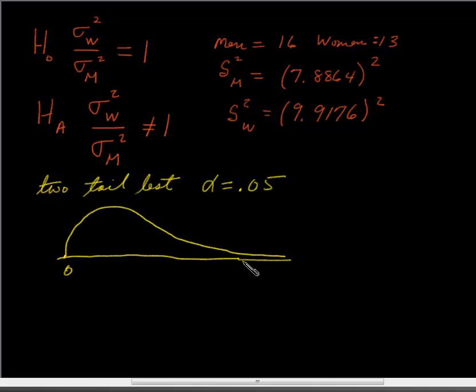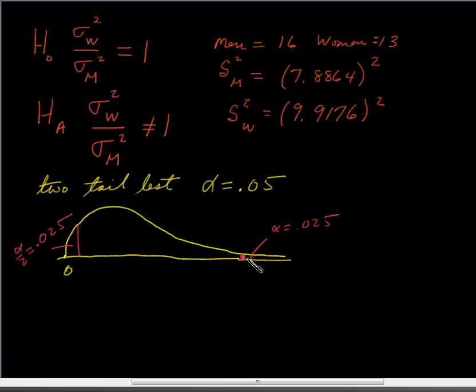Well, it's a two-tail test, and so I'm going to split the critical value between the upper tail and the lower tail. And I'm going to have an alpha by 2 in the lower tail. Now if alpha is 0.05, this would be 0.025, half of the alpha. And I'm going to have an alpha of 0.025 in the upper tail.